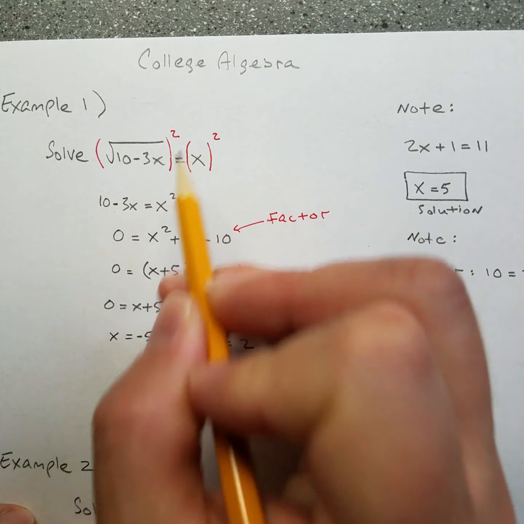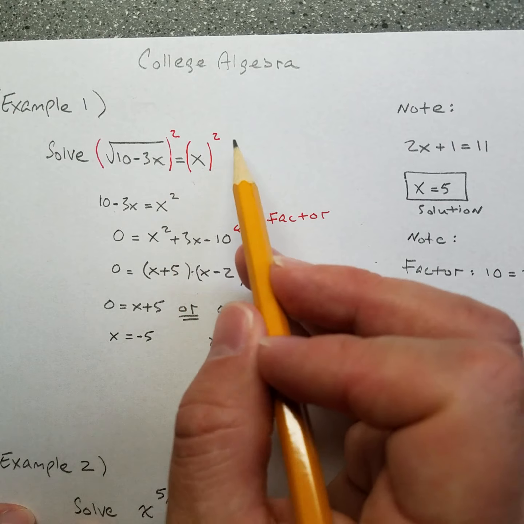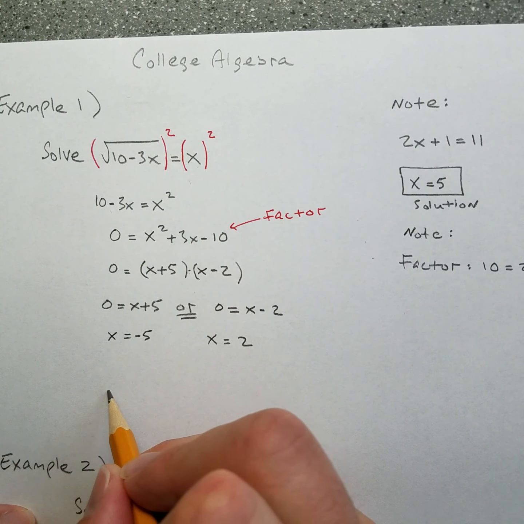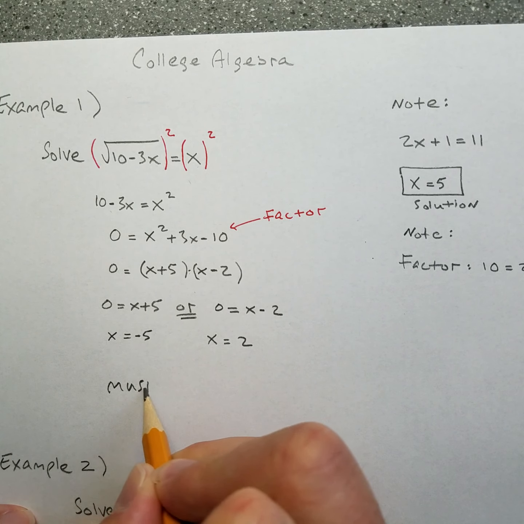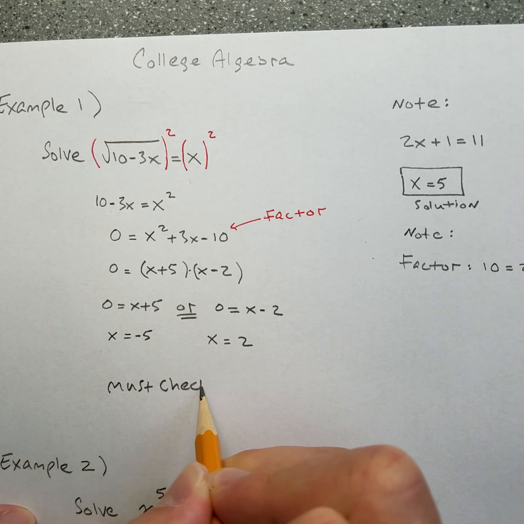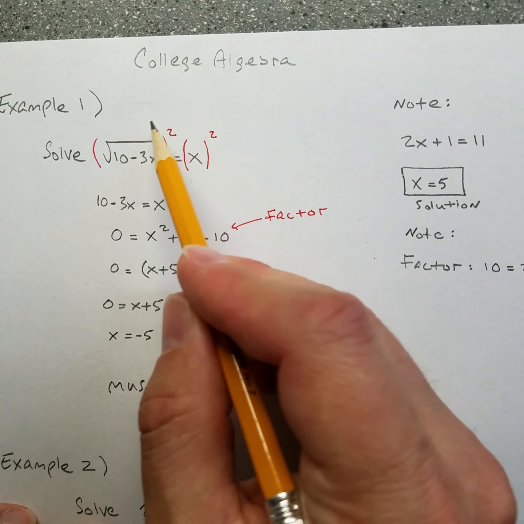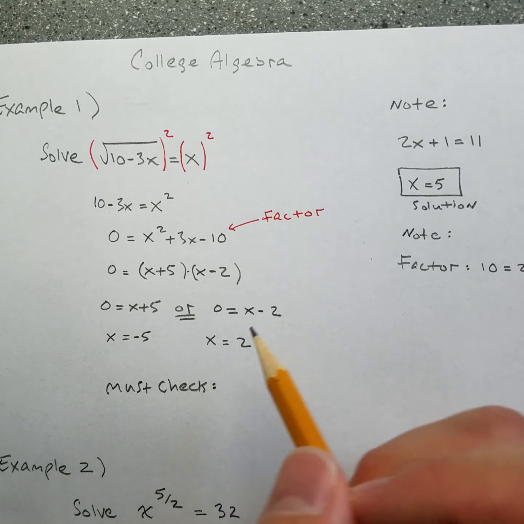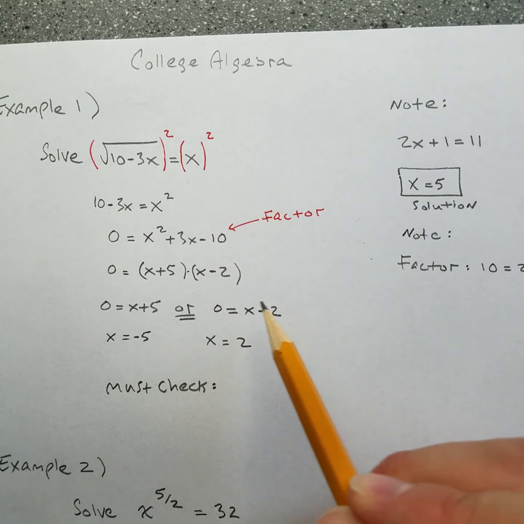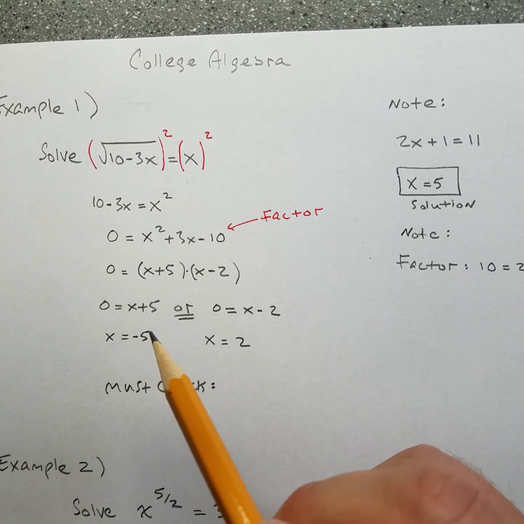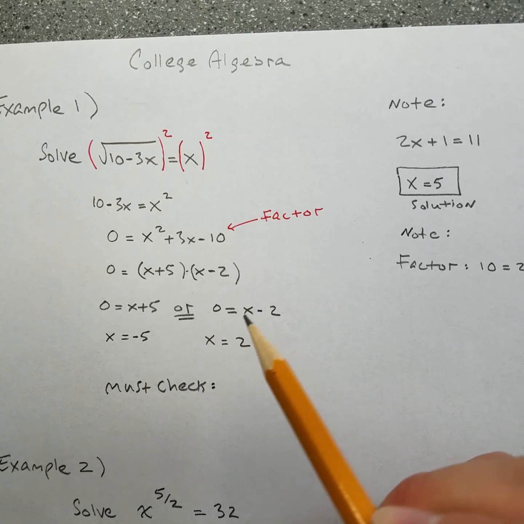Anytime we square both sides, there's a kind of flaw to that, and it's that we must check the answers. Okay? This step right here works, and it'll give you all the right answers, but it might make some that don't actually work show up.